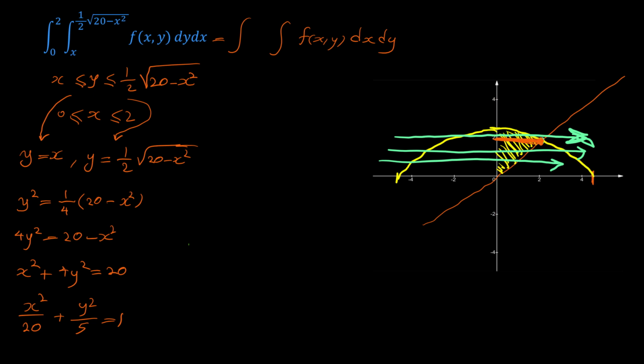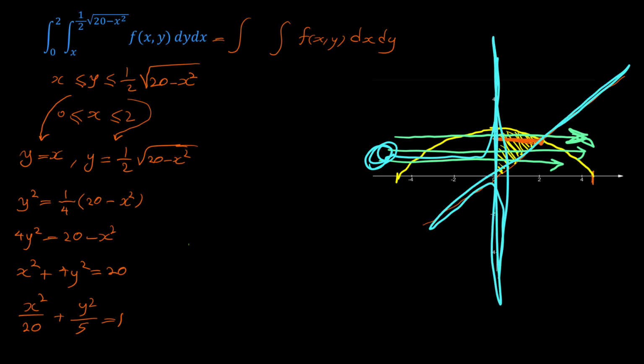But for lines like these two, below y equals 2, they enter the region at 0, but they leave the region at this line.